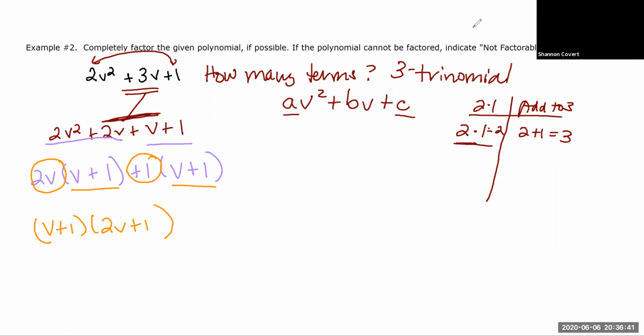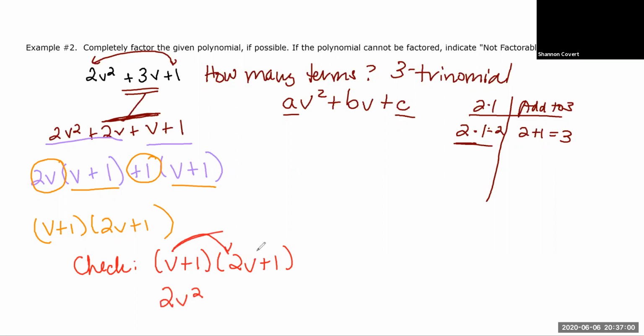Now let's check this. It's always a good idea to check. I know it's an extra step, but check it anyway. To check it, I'm going to multiply what I have there together and see if I get back to my original. So v times 2v is 2v squared. v times 1 is v. 1 times 2v is 2v. 1 times 1 is 1.